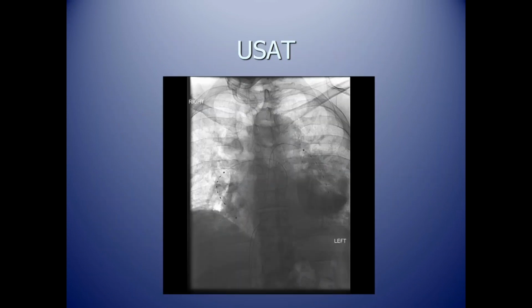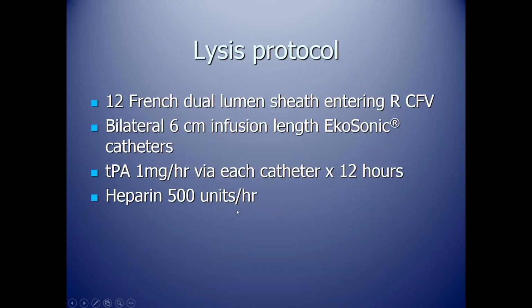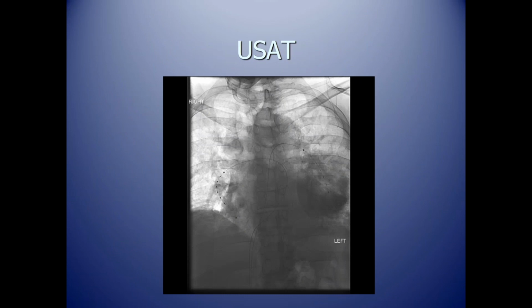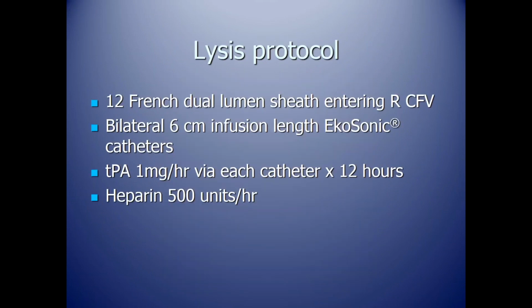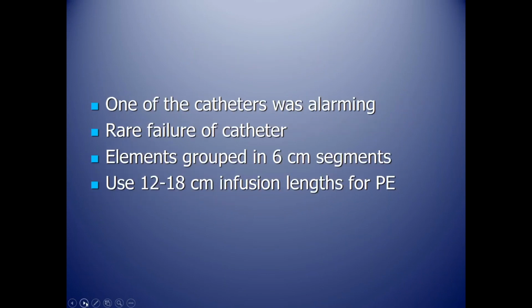And for him, we went femoral. It was one of our earlier cases, and you'll see that we used 6-centimeter infusion length EKOS catheters, and I'm going to talk about that in a second. We did our standard protocol, which was 1 milligram an hour for 12 hours, and heparin at 500 units an hour. So one of the things happening during this case was that one of the catheters kept alarming.